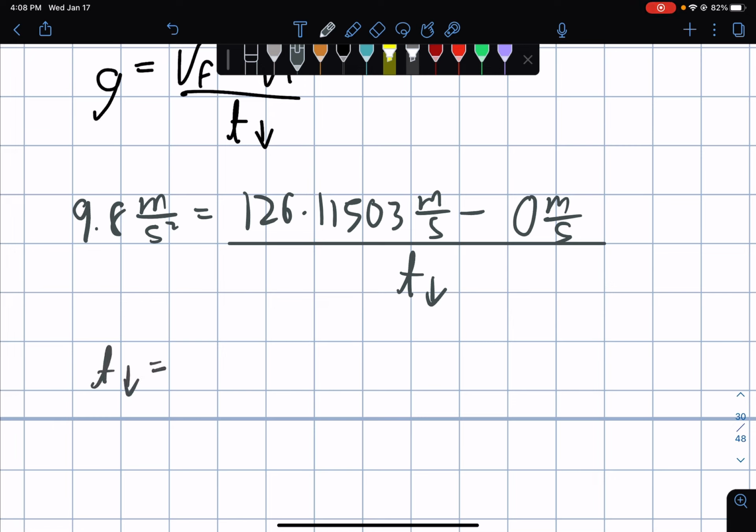So 126.11503 divided by 9.8 is equal to 12.86888 seconds.